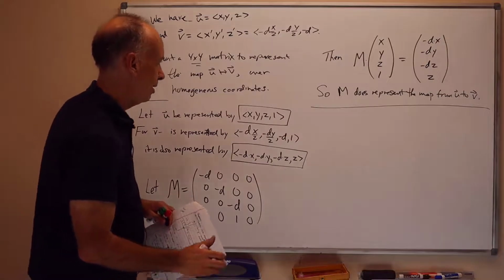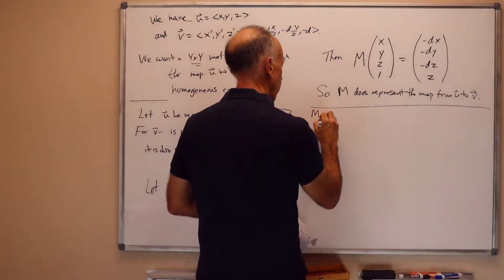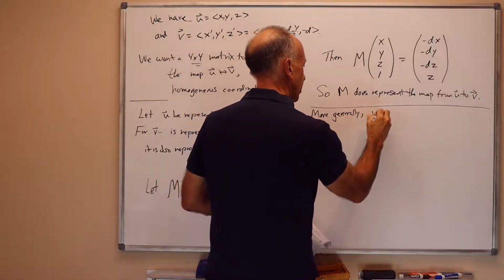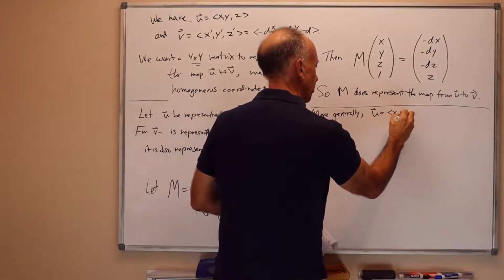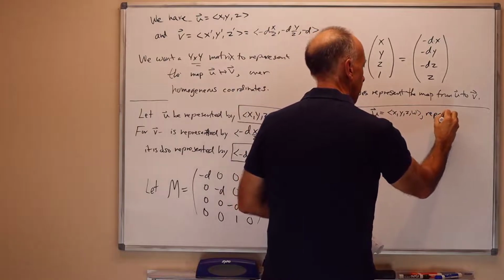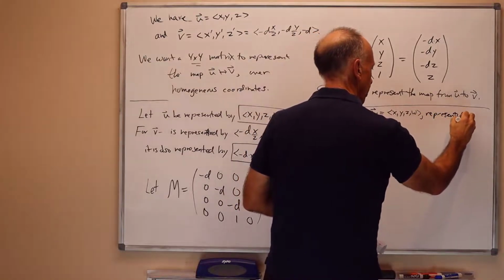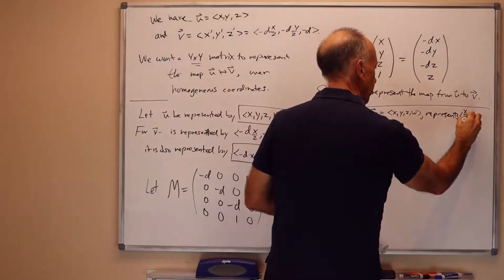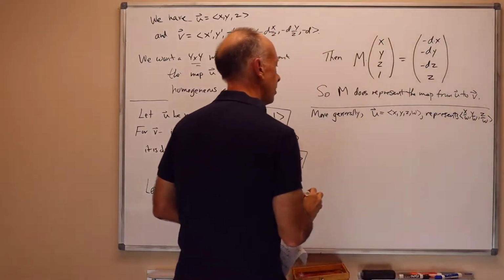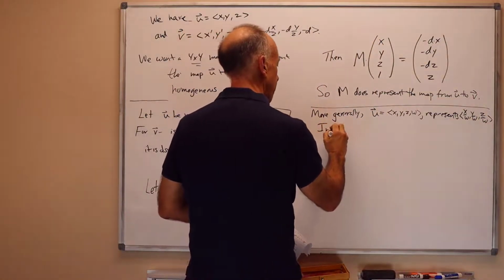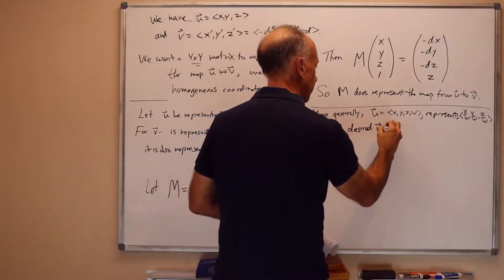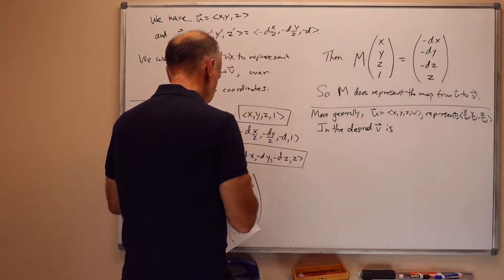Let me rephrase this a little bit. More generally, we might have U of the form x, y, z, w, and so this represents, in R3, x over w, y over w, z over w. In this case, the desired V is, let's go back to this formula up here.